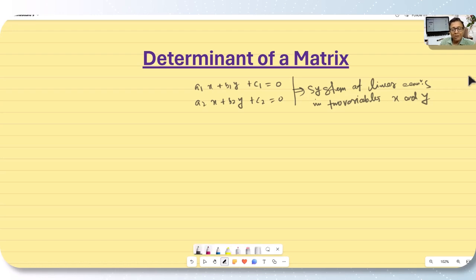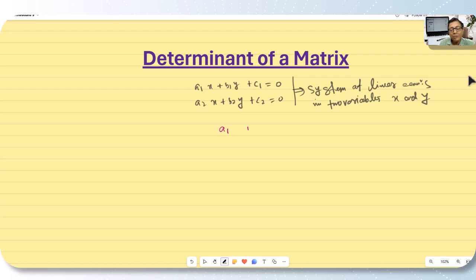If you have done the method of cross multiplication, you must have seen the way x, y can be determined. Otherwise, there is the method of elimination and the method of substitution. But if you do it with the method of cross multiplication, what do you do there?